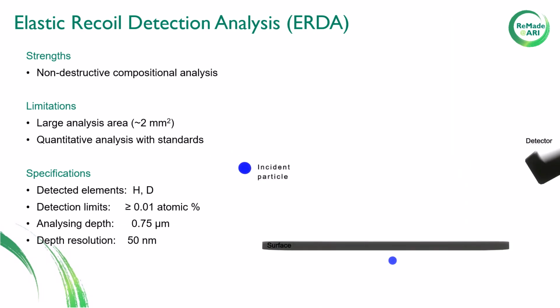Elastic recoil detection analysis is a method which uses heavier ions than target atoms to recoil low-mass target atoms and to measure their depth profiles. The ion projectile need only have a mass greater than the target atom. Alpha particles are commonly used to obtain recoil spectrum for hydrogen and its isotopes.